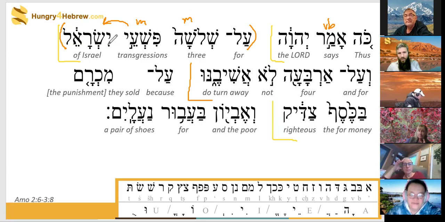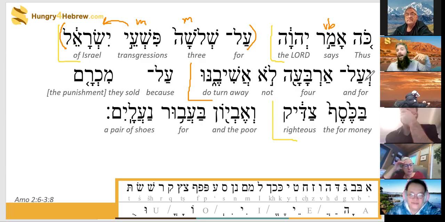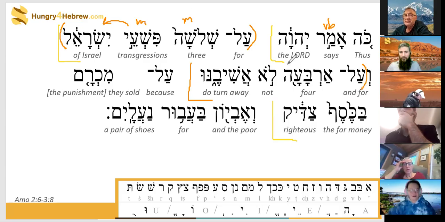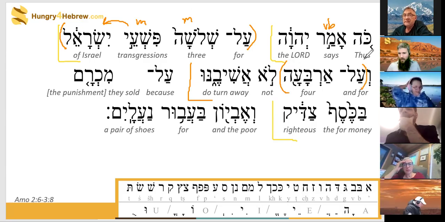Al shlosha pish'ei Yisrael. And now we get another prepositional phrase. V'al arba'a. And for four, what? Pish'ei Israel. Yeah, very good.